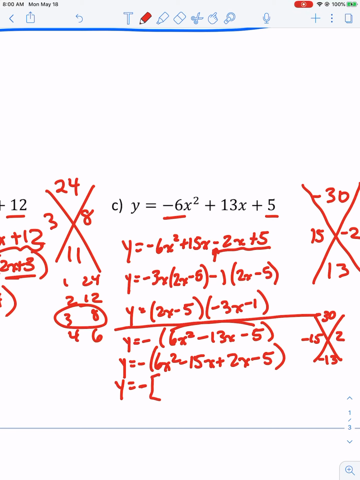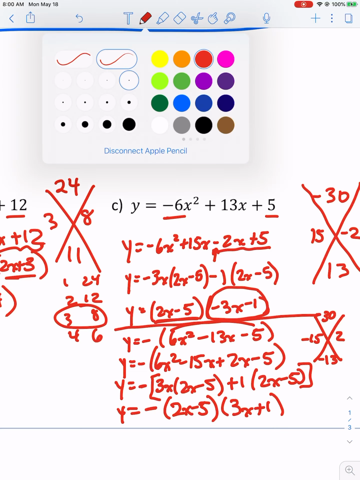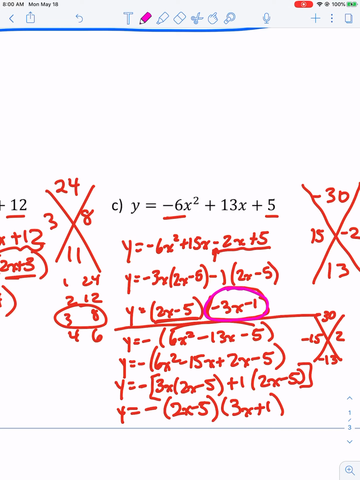Again, this is going to be a 3x, and that's a 2x minus 5, and then plus 1, and 2x minus 5, and so y equals minus bracket, 2x minus 5 is still the same bracket as above, but you'll notice that the 3x and the 1 now are each positive, and that's because in some sense, what we've done is we've common factored this, taken a negative out of all of that, and you got 3x plus 1.